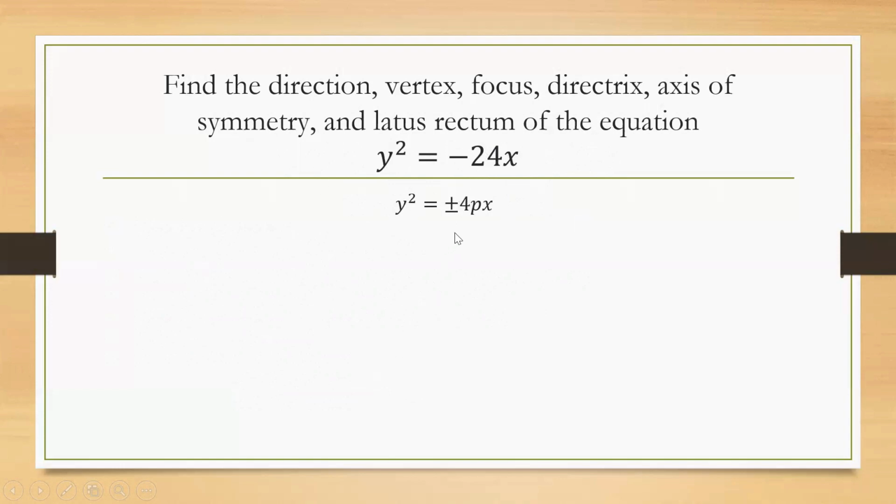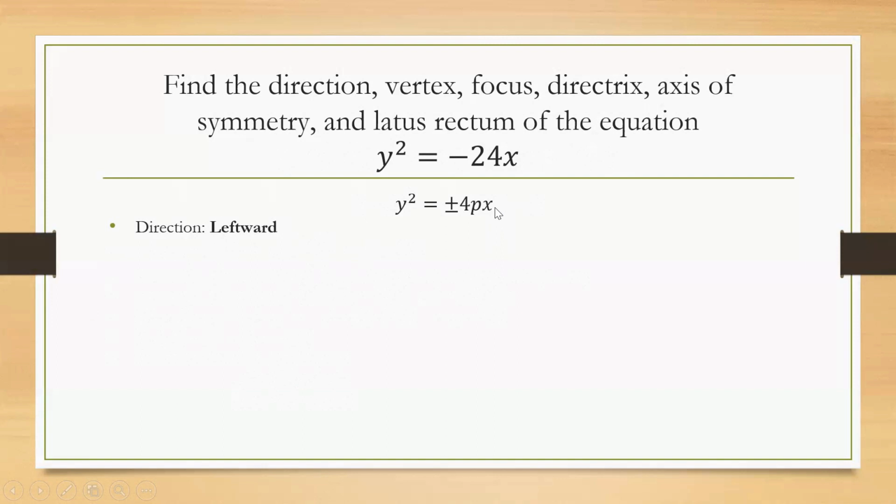But first, before we do the vertex, let's determine the direction. So since y squared and then our 4p is negative, that means our direction is leftward.